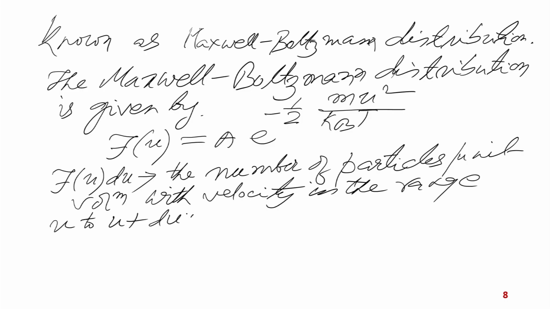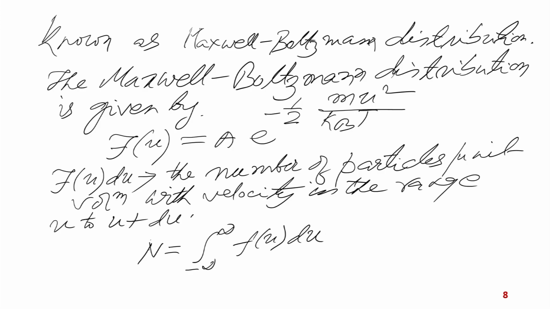So, you can find the A from this expression. If you integrate this f of u from minus infinity to plus infinity, means considering all the velocity distribution, then I can write n is equal to the integral from minus infinity to plus infinity of f of u du.